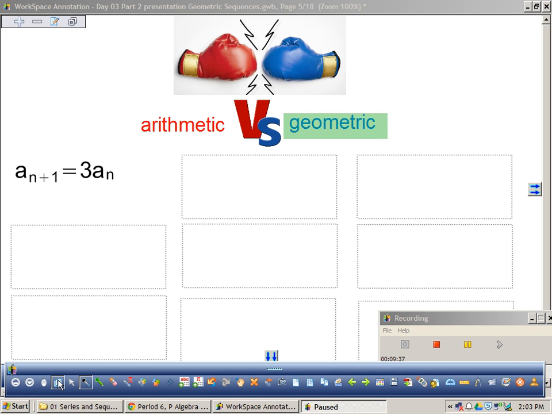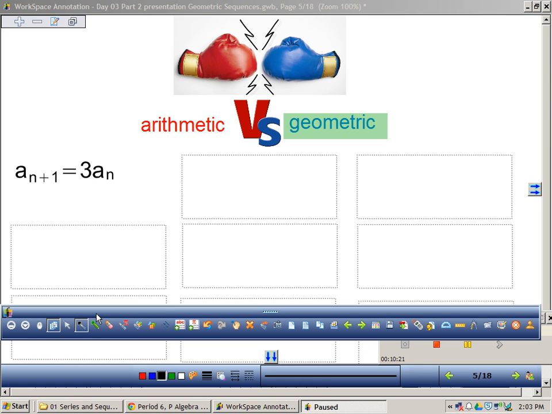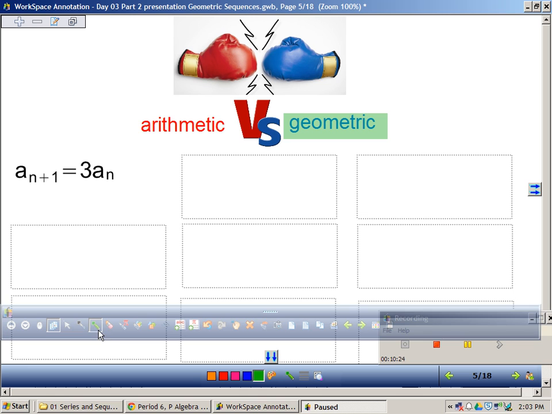We're only talking about arithmetic and geometric, so the only thing I want to concentrate on is: is it multiplication and division, or is it addition and subtraction? This one only deals with multiplication, so this one's geometric. Okay, so you should have had your green paddle.